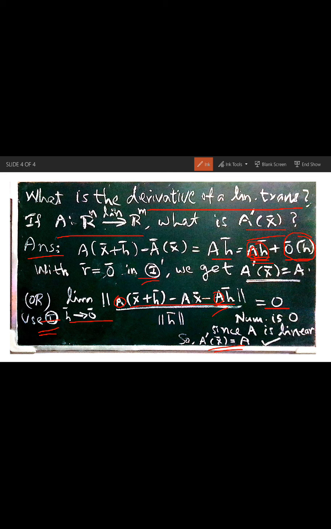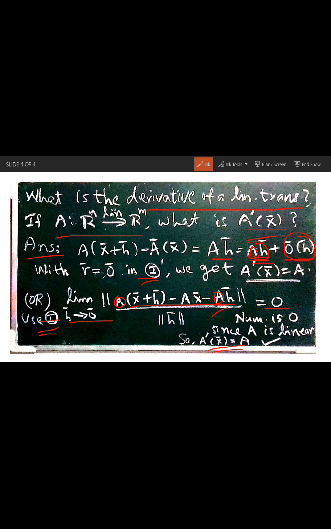Now let me ask you a question. Let us take a function from R to R defined by f of x is equal to 2x. Is it linear? It is multiplication by 2, therefore it is linear.